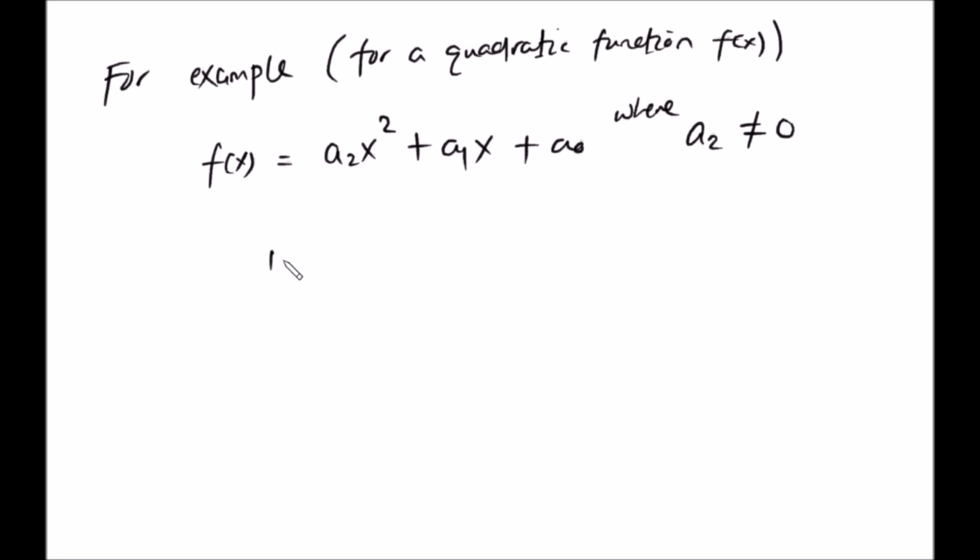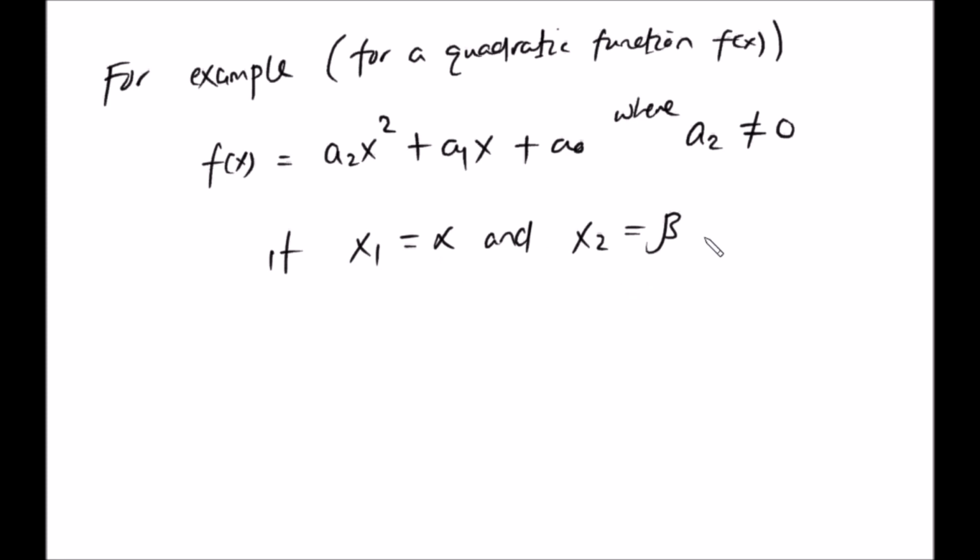So if tuna x1 ambayo ni alpha and x2 ni beta. So tuna x1 ni alpha na x2 ni beta.